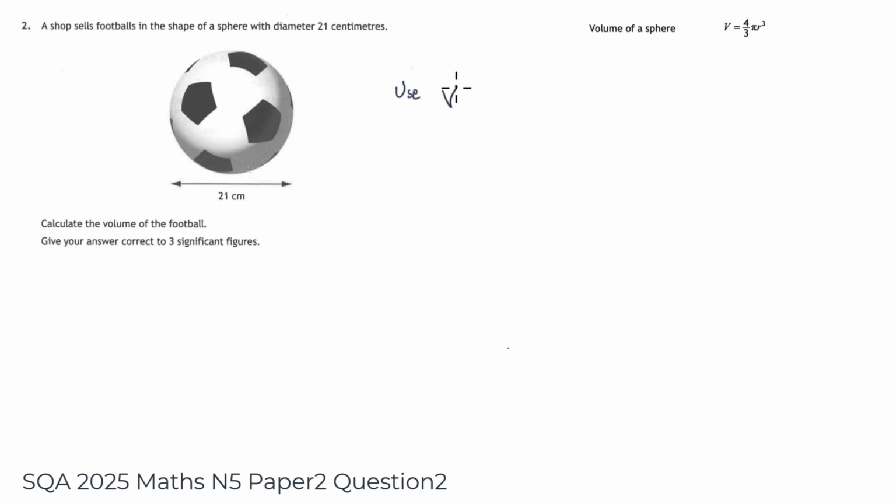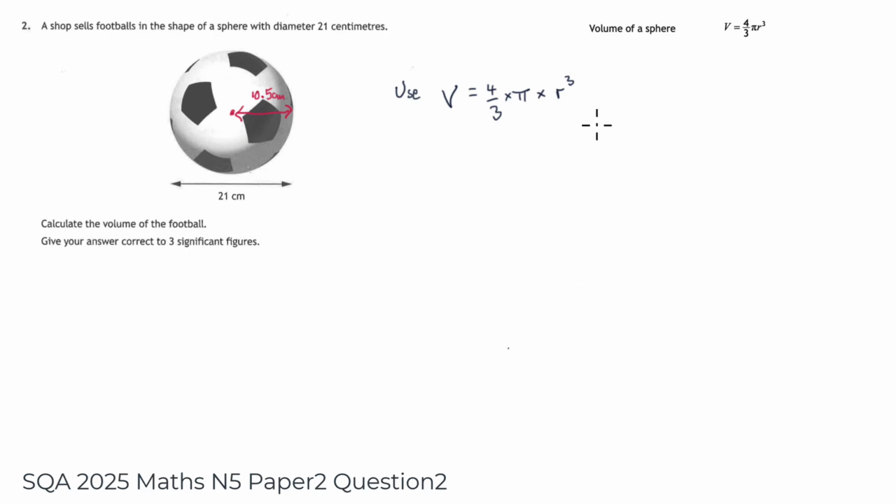We'd use V equals 4/3 times pi times r cubed. And the only thing we don't know is the radius. Well, we know that the diameter is 21, so the radius of this football is going to be half of that. That's 10.5 centimetres.